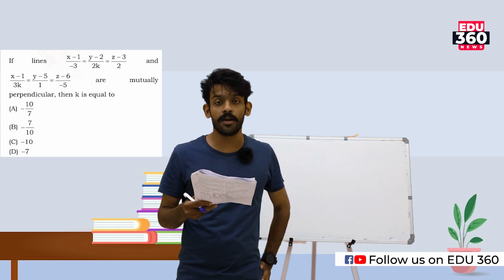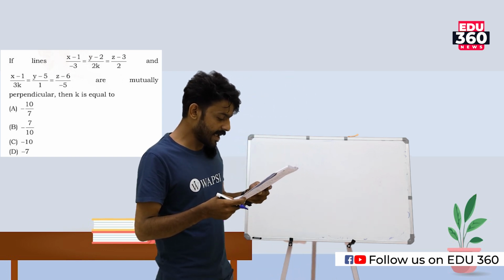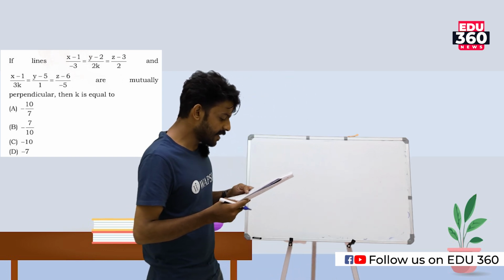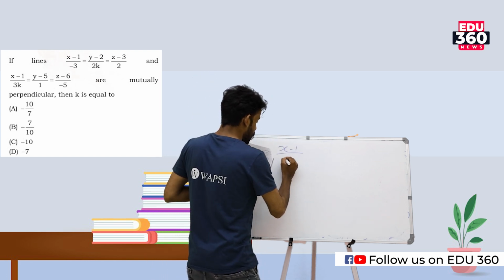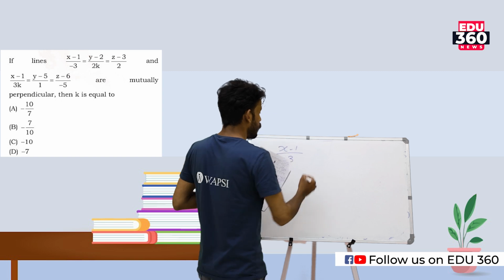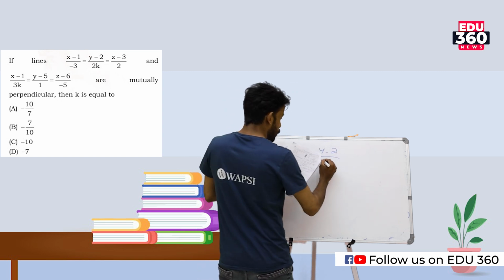For this question, we need to find the value of k. First of all, the line is given as (x minus 1) divided by minus 3 equal to (y minus 2) divided by 2k.